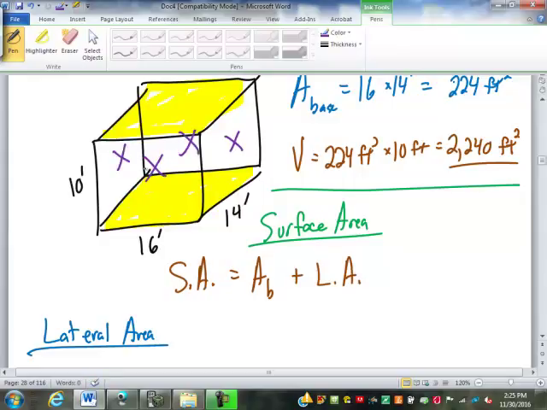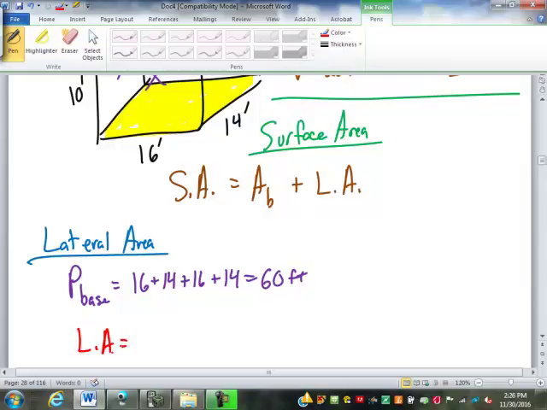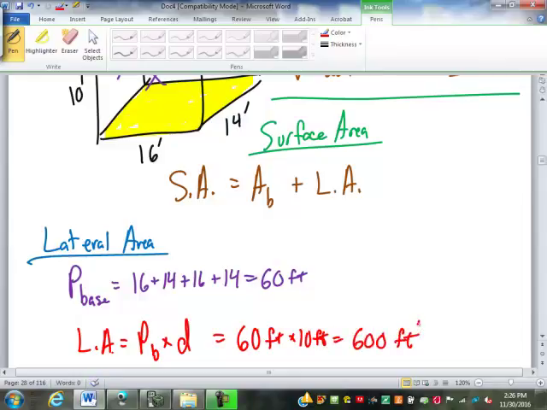To find that lateral area, the first thing we had to find is the perimeter of the base. So that was 16 plus 14 plus 16 plus 14, or 60 feet for this figure. And the lateral area was just the perimeter of the base times that height again. So 60 feet times 10 feet gives us 600 square feet.